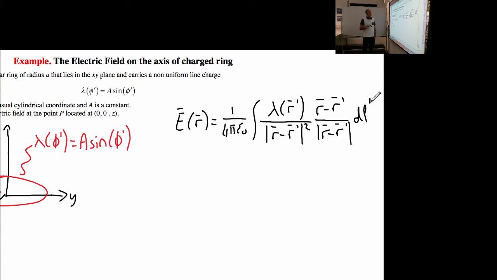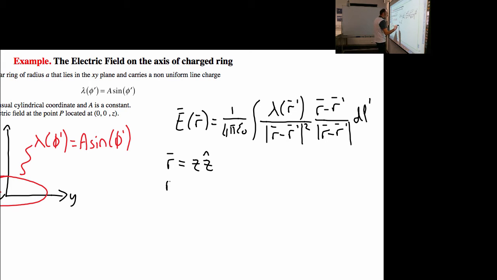Now, in a similar way to what we did for the point charges, we're going to work out what our field vector is, which is given by r, and also our source vector, which is given by r prime. So for our field vector, it's going to be along the z-axis and from the origin, so it's going to be given by z hat.